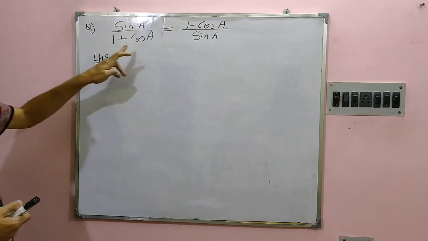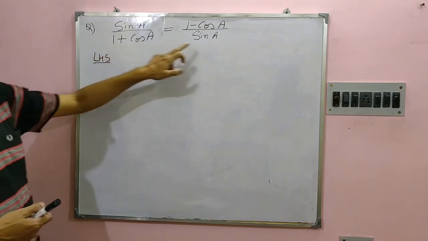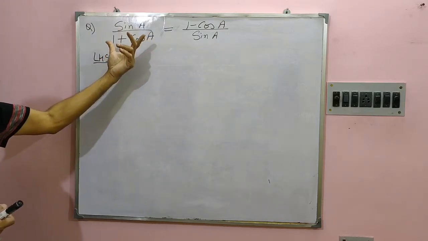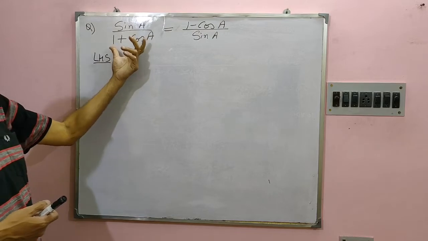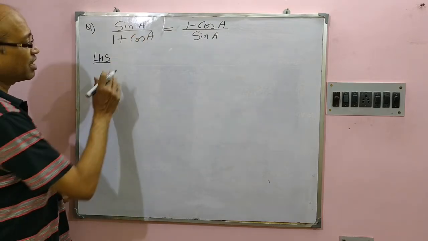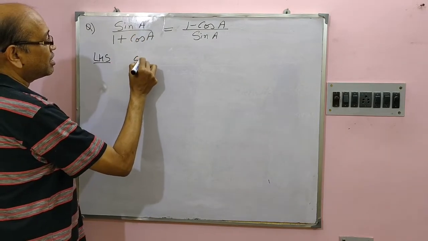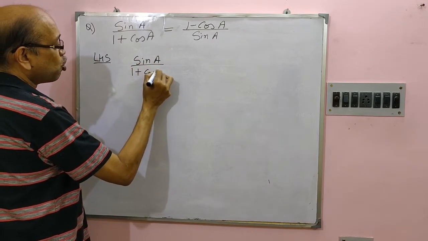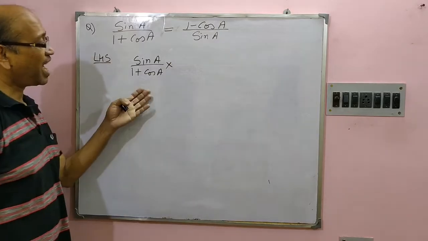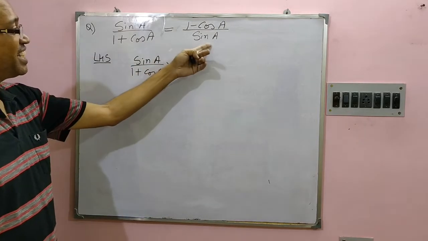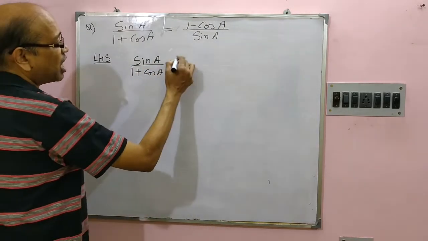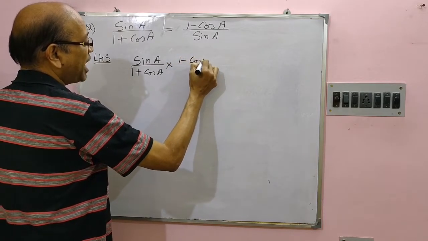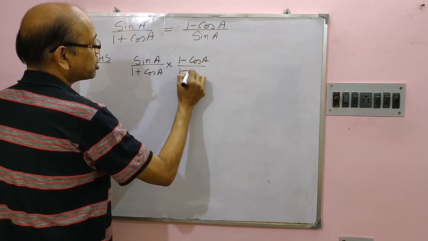In the right hand side, I have got sin A, and the left hand side, I have only 1 plus cos A. So, from this, what can I do to get sin A? Sin A by 1 plus cos A. Now, what can I do so that I can get sin A? What I do is, I multiply and divide by 1 minus cos A on both sides.